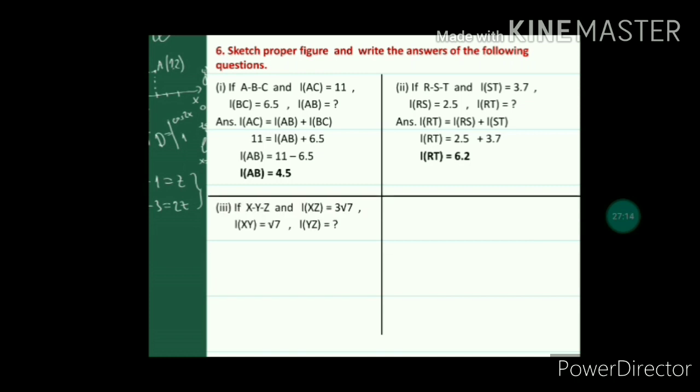Another example is if point Y in between X and Z and length of XZ is equal to 3 root 7 and length of XY is equal to root 7. Find length of YZ. Length of XZ is equal to length of XY plus length of YZ.